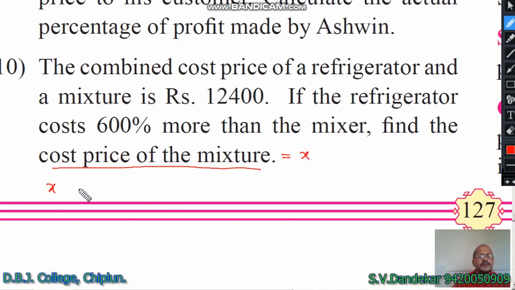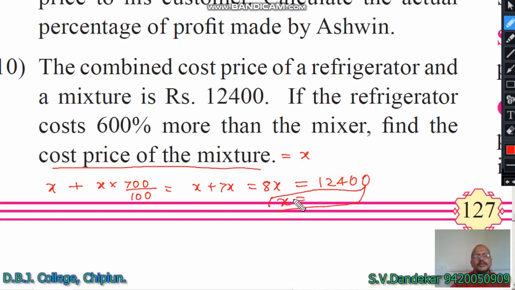Then CP of refrigerator is x into 700 upon 100, that is x plus 7x. So it is equal to 8x. This total 8x is equal to 12,400. From this we can get x, the cost price of the mixer.